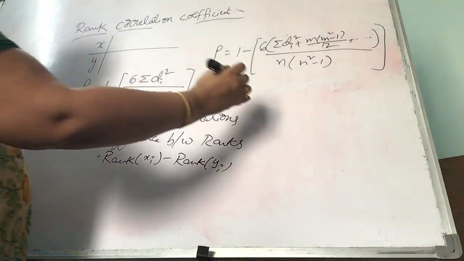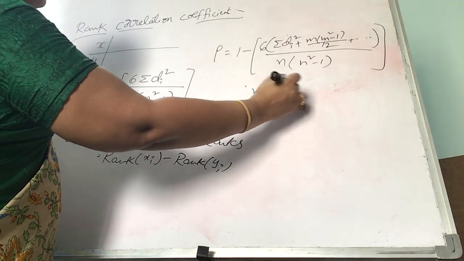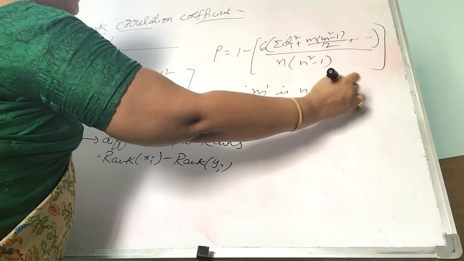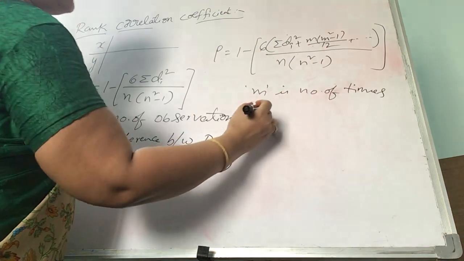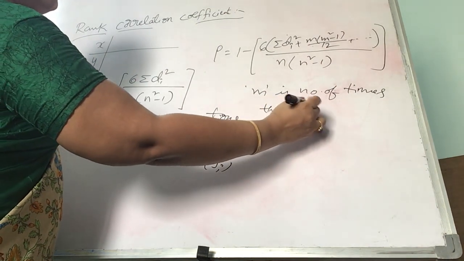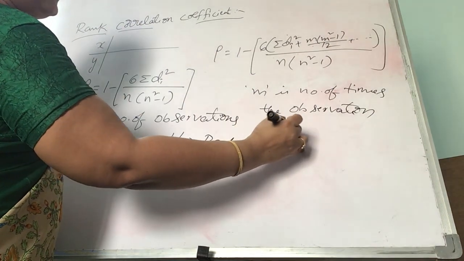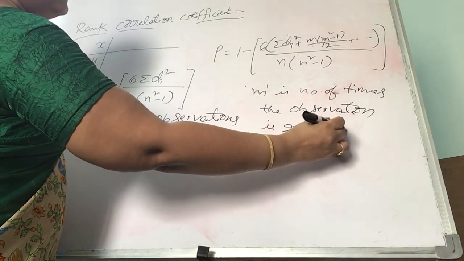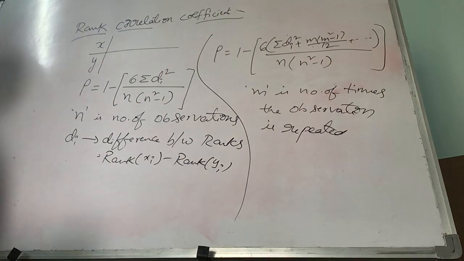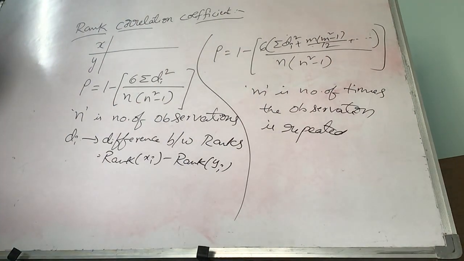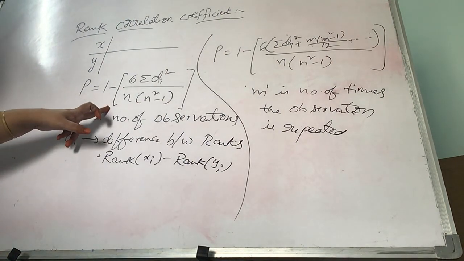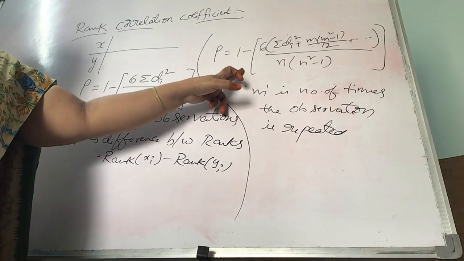Here what is m? Here m is the number of times the observation is repeated. This is about the rank correlation coefficient. This is for different ranks and this is for repeated observations.